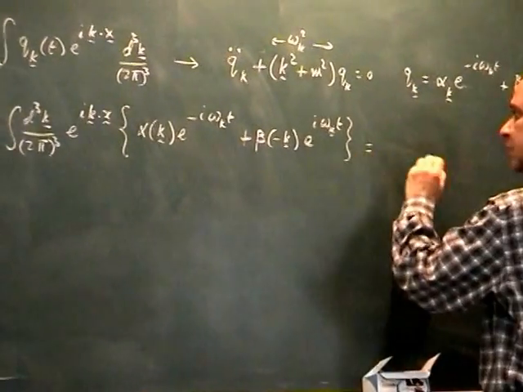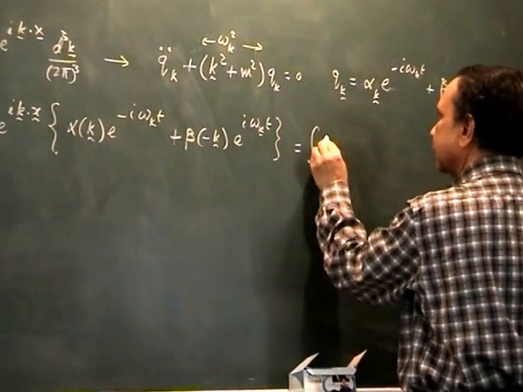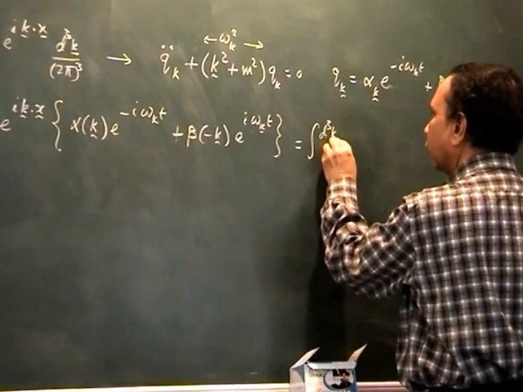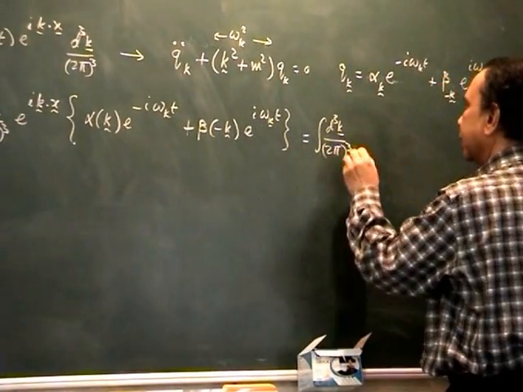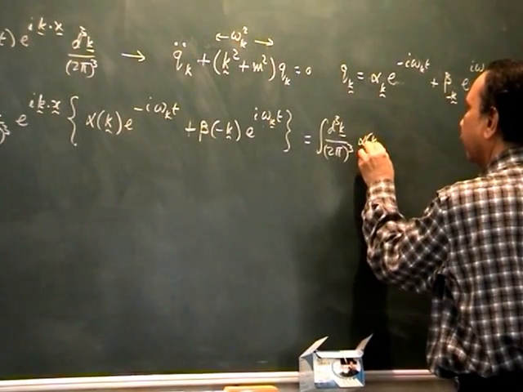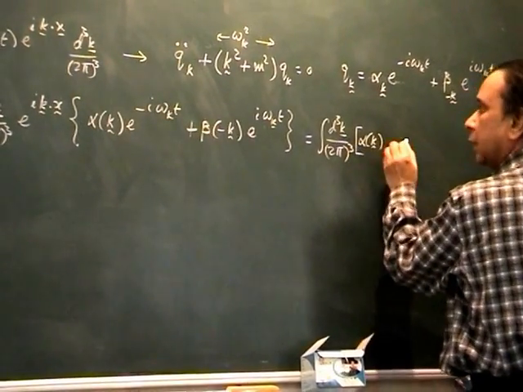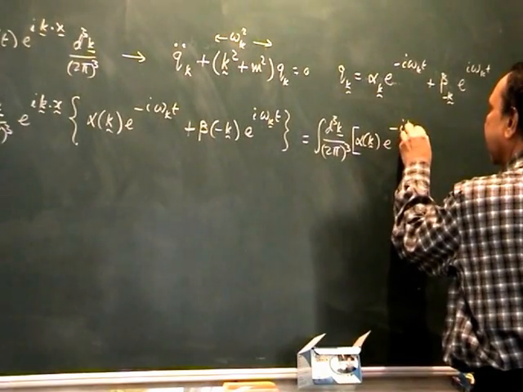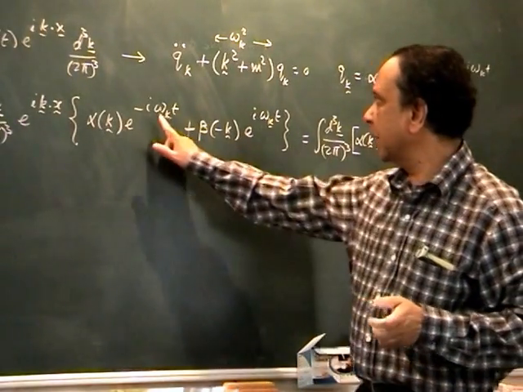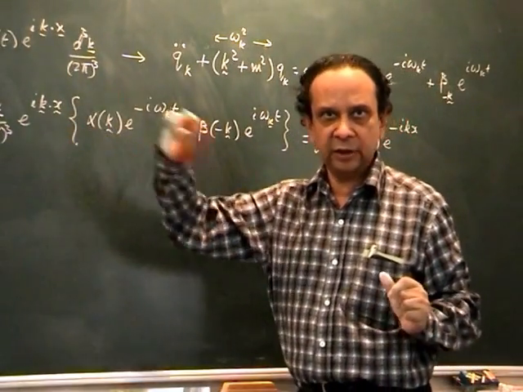So the first term can be written rather nicely as d3k over 2 pi the whole cube times alpha of k e to the minus i k x in 4-dimensional notation, because there is a minus i omega t plus i k dot x.